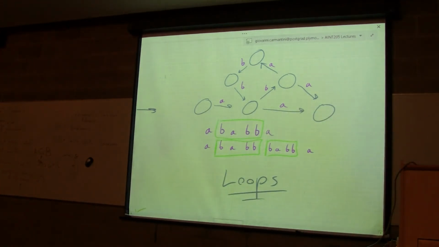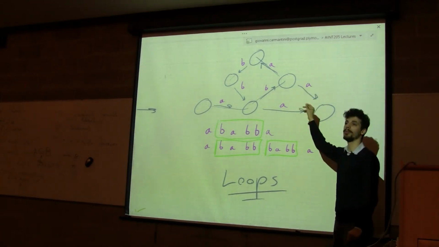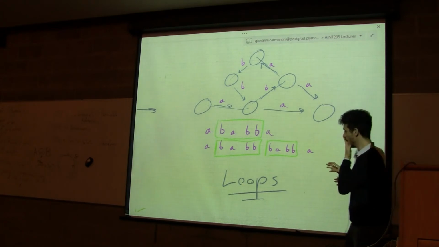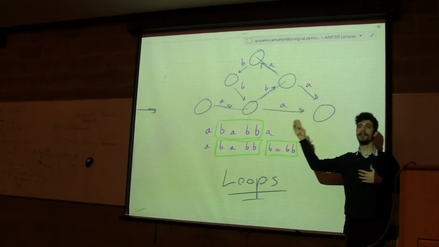So in this example, A, B, A, B, B, A, you have six symbols. As you see, here you have a loop. And in that loop, you can pump part of the string, in this case B, A, B, B, as many times as you want.